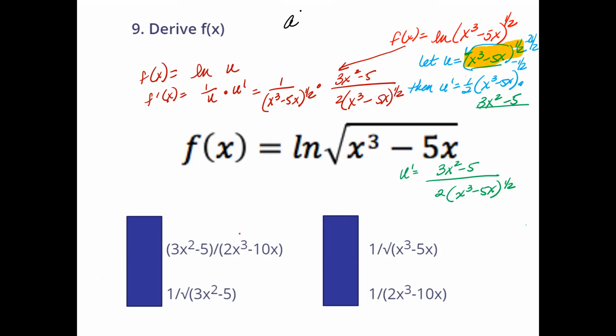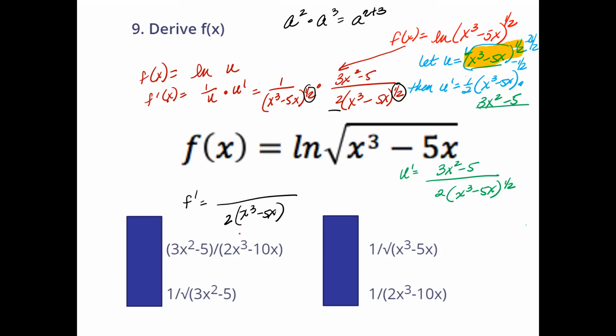And if you don't believe me, remember the exponent rule, the product rule for powers, is like a to the second power times a to the third power. You just simply add them together. So I'm going to have a 1/2 plus a 1/2, which is 2 over 2. So then my f prime is going to have x cubed minus 5x to the 1 power, because 1/2 plus 1/2 is 2 over 2, which is 1.